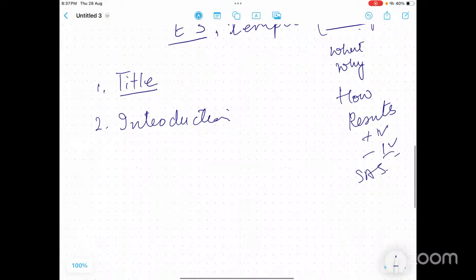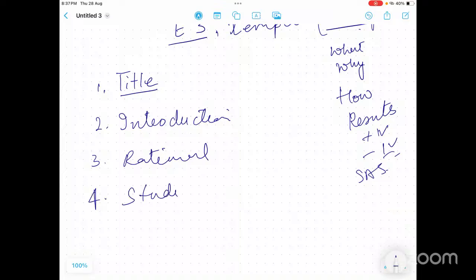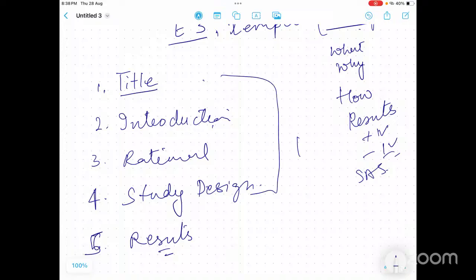So, introduction, then rationale of the trial, study design. There is one video also on my channel on a clinical study report. Study design, methodology. And after this section, you will start seeing the results. Many sections like title, introduction, rationale, study design, you will copy from the protocol. The only thing is the change in language, right?